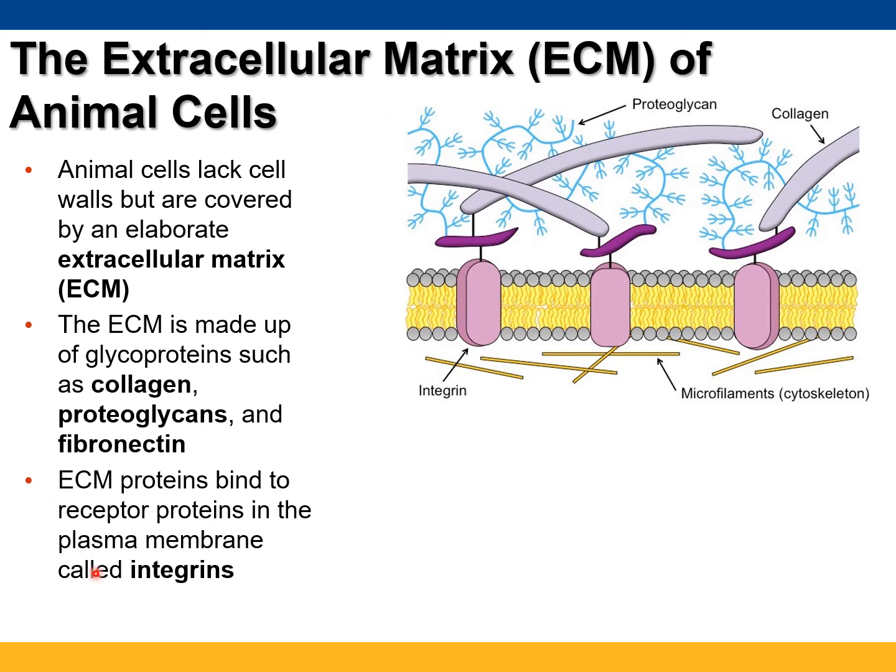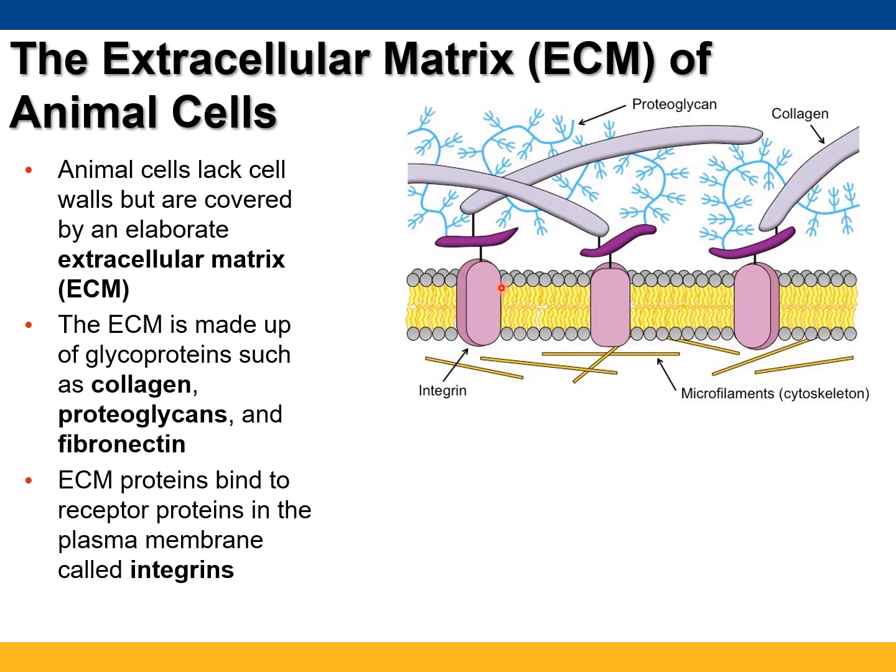ECM proteins are also very, very important for letting cells know that they are in the right place. A normal animal cell has a default pathway of dying unless molecules like integrins, which are proteins embedded in the plasma membrane and are receptors, are stimulated. If those integrins are not stimulated, the cell will actually undergo cell death, apoptosis.